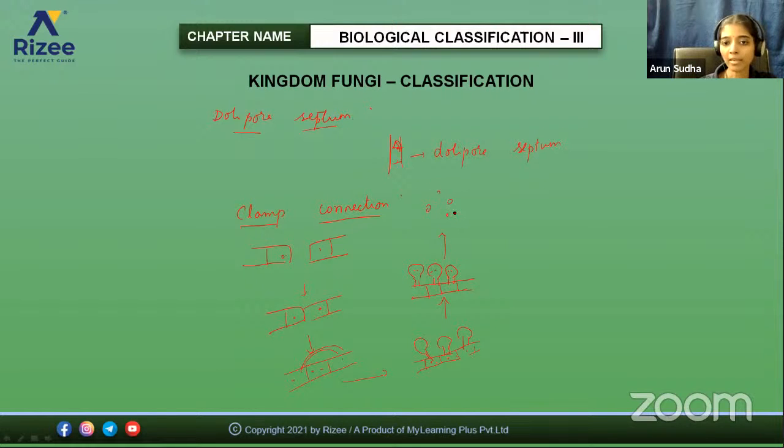So it results in the formation of basidiospores. Here the clamp connection is one of the main features in Basidiomycetes, along with the formation of the dolipore septum. So these are the main features of Basidiomycetes.